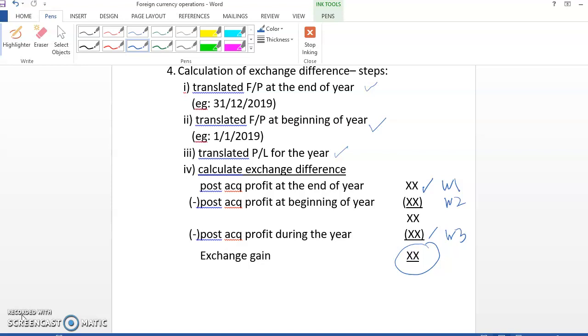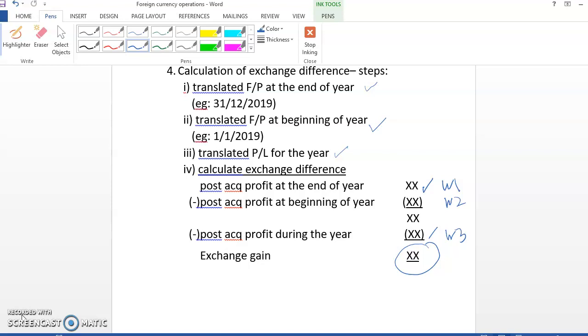If you look at the example, you can see the answers. Under example 5, you can see that they put it as the net investment method, translating from functional to presentation currency. These answers refer to functional to presentation currency because it assumes that the subsidiary is independent.